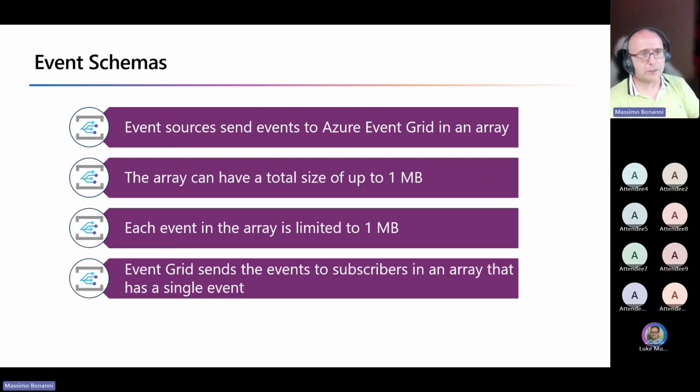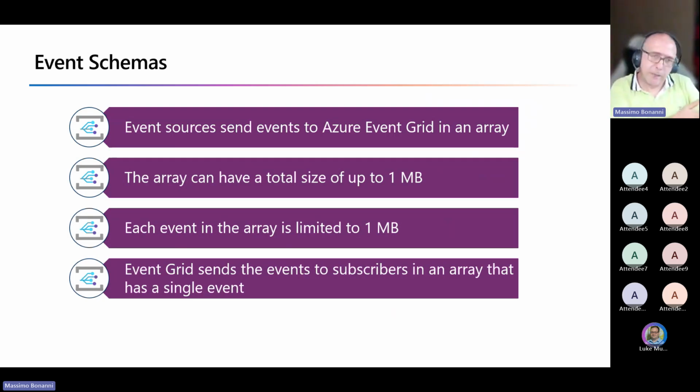Also, when Event Grid routes the events it receives from the source, the events are sent to the subscriber, as I will show you in the architecture in a while, in an array with a single event.